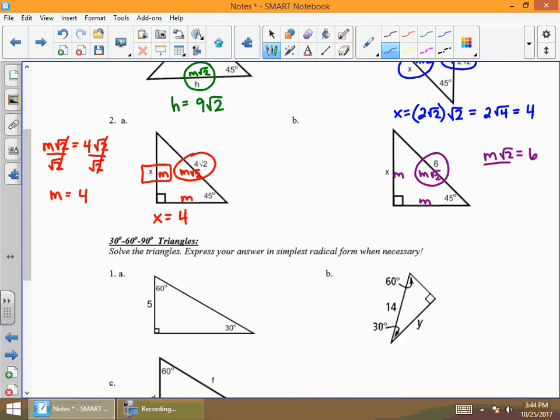Well, I will need to divide by radical 2. So m is equal to 6 divided by radical 2. I know 6 divided by 2 is 3, but 6 divided by radical 2 is a little bit different. So when I want to divide by a radical, one thing that I can do is multiply the top and bottom of this fraction by radical 2.